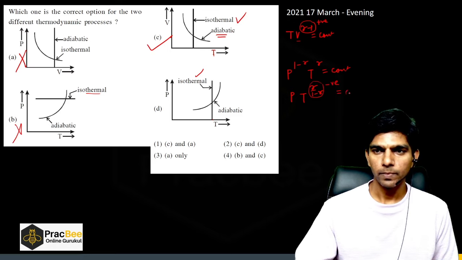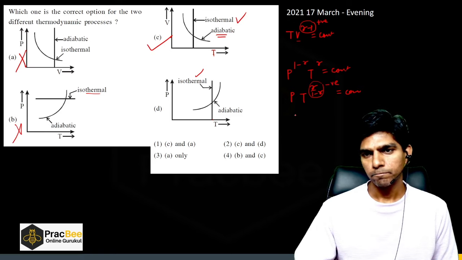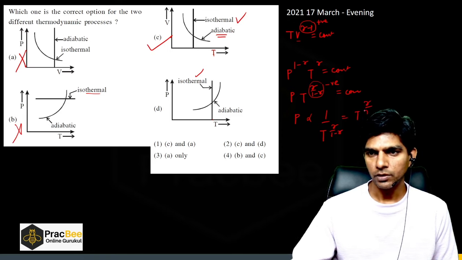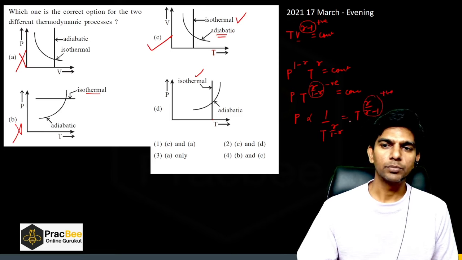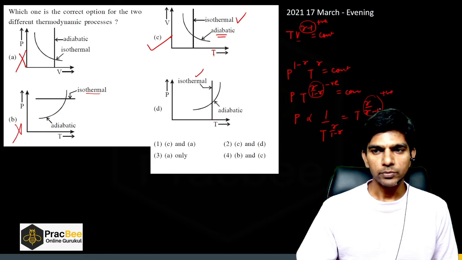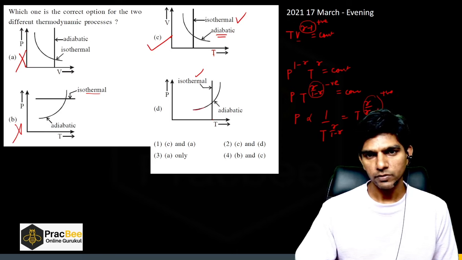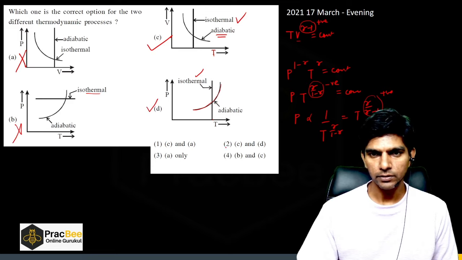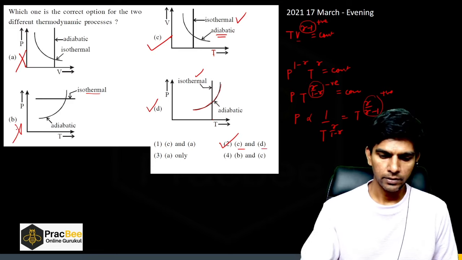So P is inversely proportional to T raised to power gamma upon 1 minus gamma, or I can write this as T raised to power gamma upon gamma minus 1. Now this becomes positive, so P is proportional to T raised to some positive power. So as the temperature increases, pressure should also increase, and that is what is happening in this graph. So the D graph is also correct. The answer is C and D both are correct.